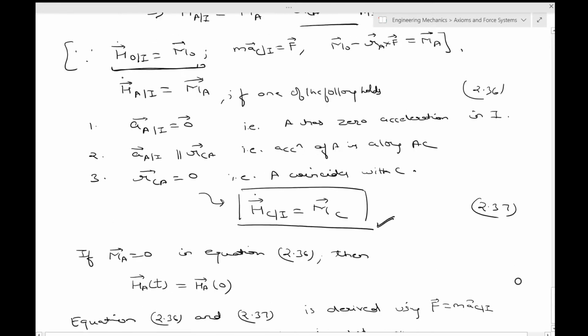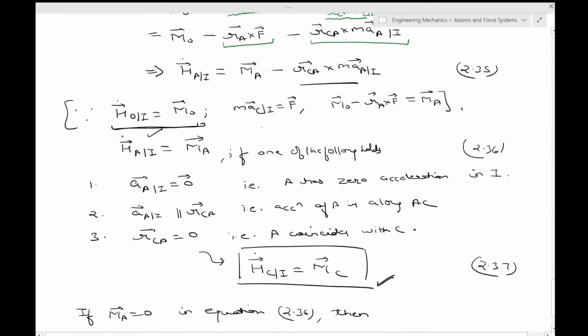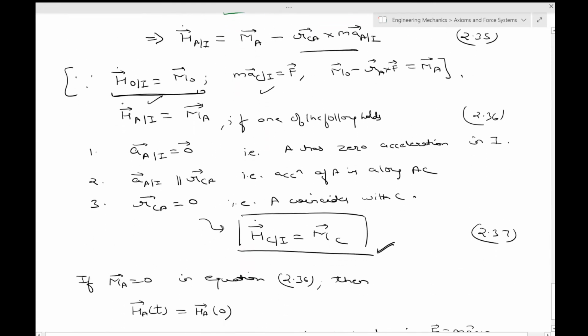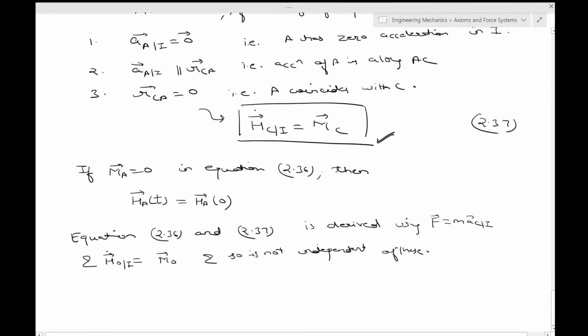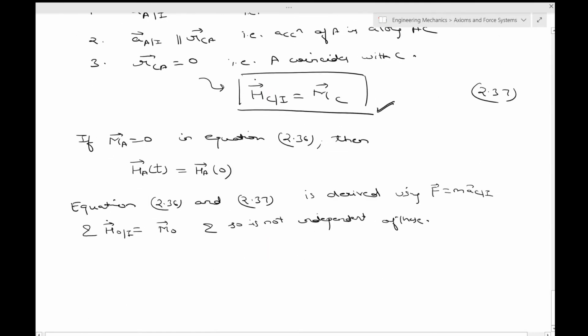The proof of it is, you see we have already used this to derive 2.36 and 2.37, so it's not independent of these. This implies that you cannot treat them as new information for your system.